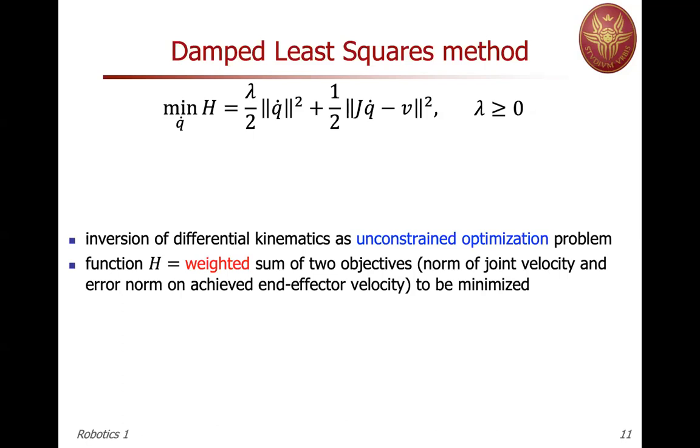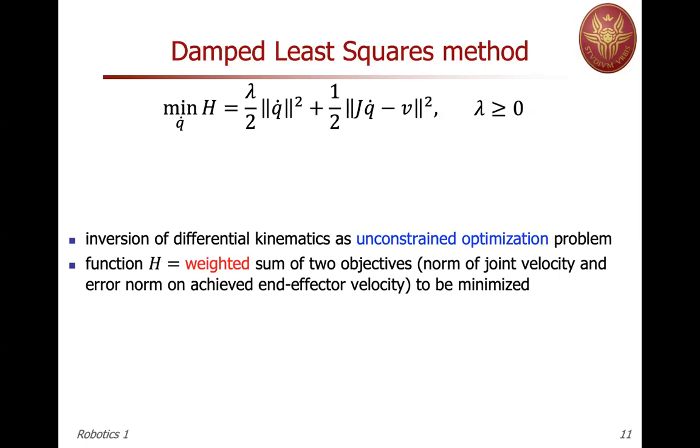task. But this is not the whole story. You add to your objective function another term, and the relative weight is given by this factor lambda, which is positive or 0, and is 0 if you don't care about how large is the joint velocity that you're obtaining.